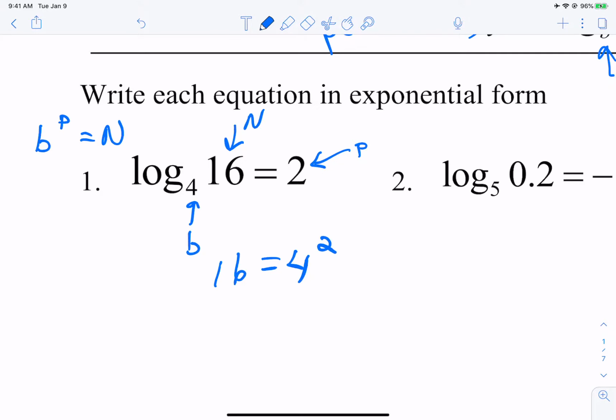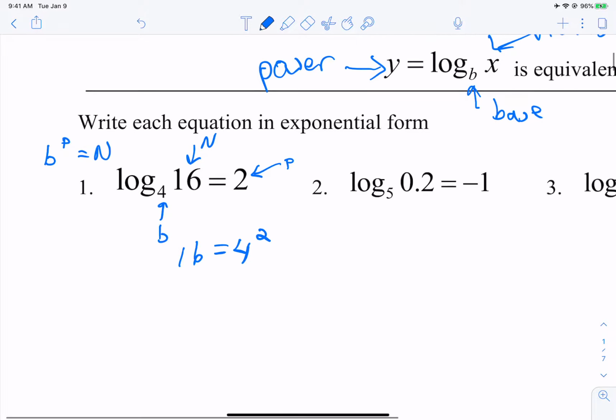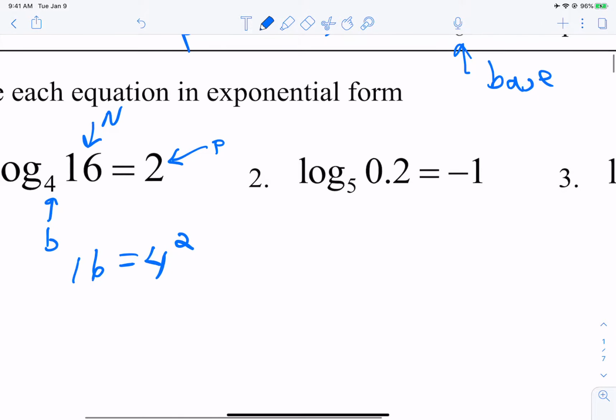Okay. Sometimes we are going to need to write it as 16 equals 4 squared, or we won't be able to do much to it, so just keep that in mind. Okay, let's do the next one. So again, we need to identify the base, the power, and the number.